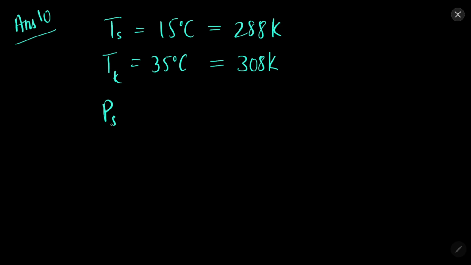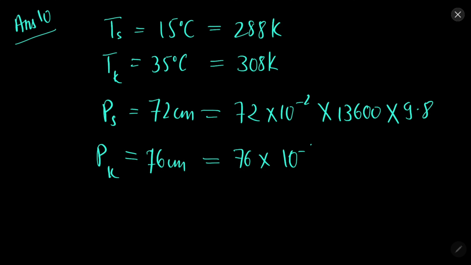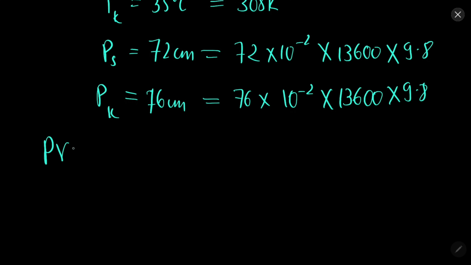At Shimla pressure is 72 centimeter, or 72 into 10 to the power minus 2 into 13600 into 9.8 pascal. Pressure at Kalka is 76 centimeter, which will be 76 into 10 to the power minus 2 into 13600 into 9.8.